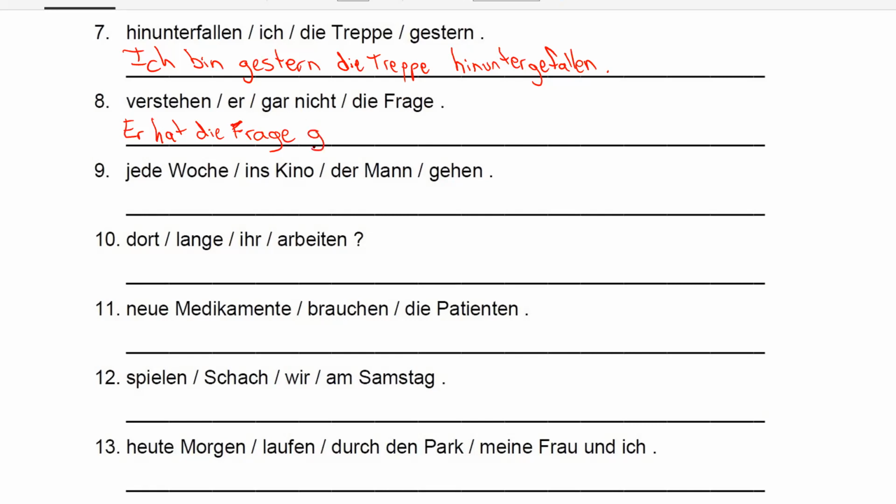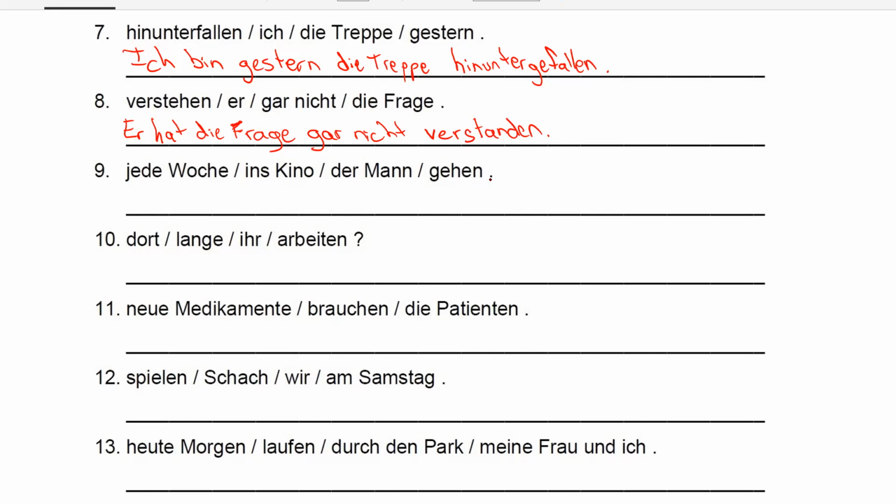So we would have gar nicht. And then our past participle, which does not have a GE again because ver is an inseparable prefix. And our past participle of verstehen is verstanden. Hat die Frage gar nicht verstanden. He did not understand the question at all.